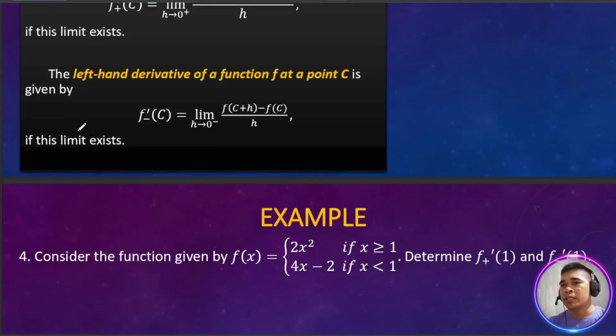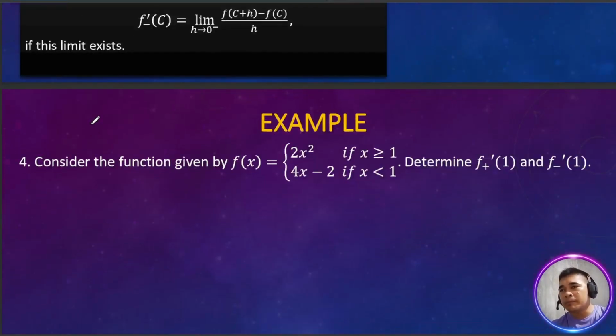So the first one is the right-hand derivative of function f at a point C. So sa gamiton nato ating duha, we have this one, the right-hand meaning greater than 1. So we have x is greater than or equal to 1, so we can use 2x squared. Okay?